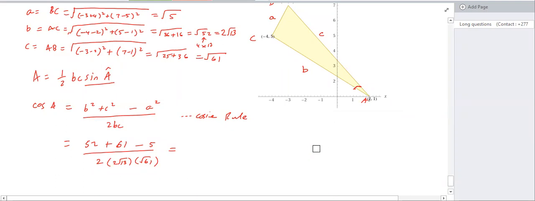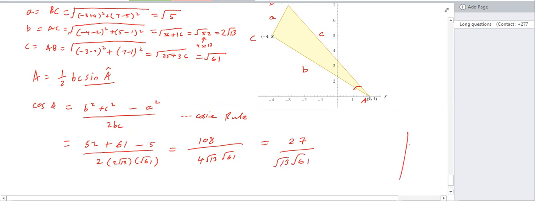So 52 plus 61 minus 5: 52 minus 5 is 47, plus 61, we're getting 108. And then we take 108 divided by 4 root 13 root 61. 108 divided by 4, we should get 27 over root 13 root 61. Now that is cos of A.